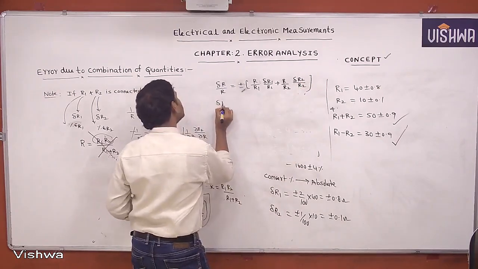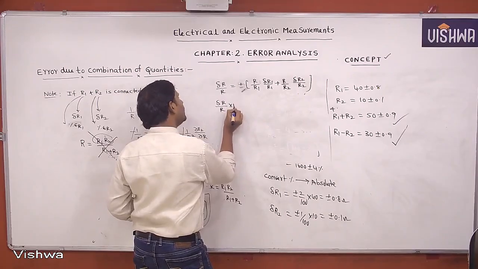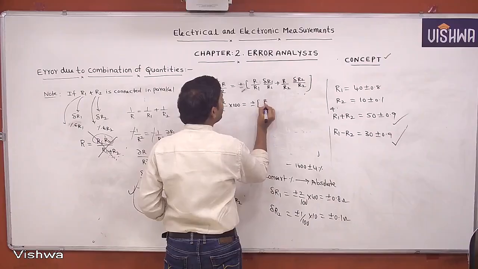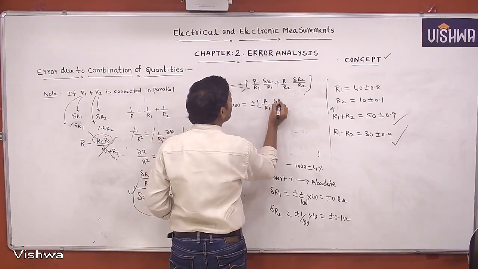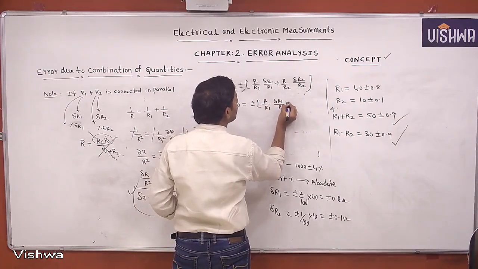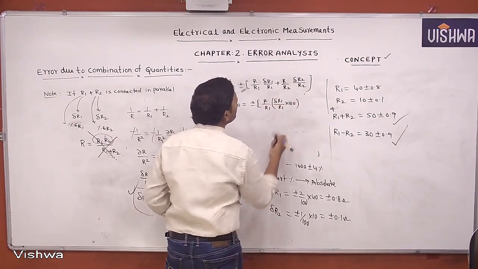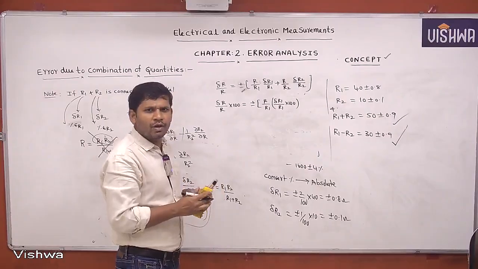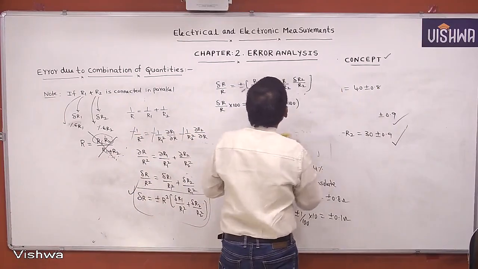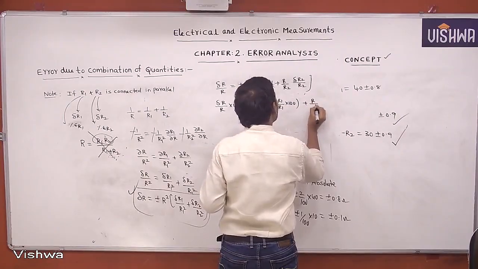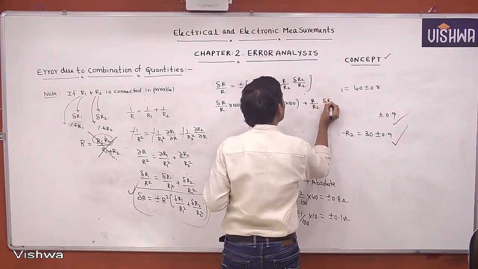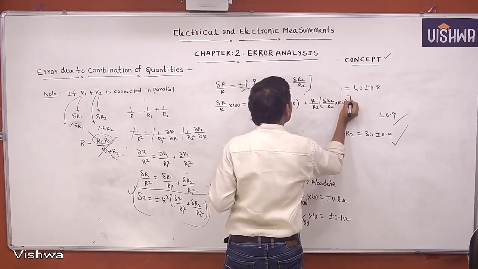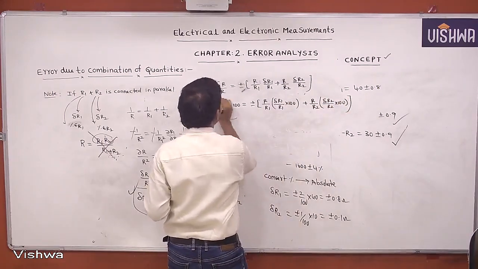Then multiply both sides by 100. Delta R by R into 100 equal to plus or minus R by R1 into delta R1 by R1 into 100. This is the limiting error in R1. If you want to substitute directly in percent, like this also you can write the formula. Then plus R by R2 into delta R2 by R2 into 100. Then you substitute in this, and you can get the answer in terms of percentage.